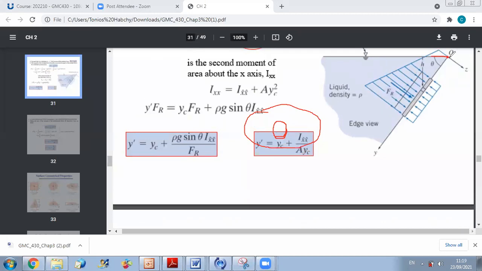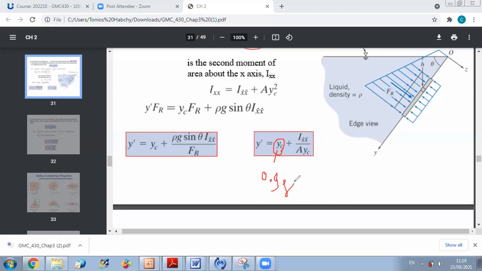YC represents the distance between the origin and your centroid. Here in our problem, since theta is 90 degrees, H of C and Y of C are equivalent, because when your surface is vertical, the depth of your centroid is equivalent to Y of your centroid. So we already determined together that Y of C is 0.9 feet.